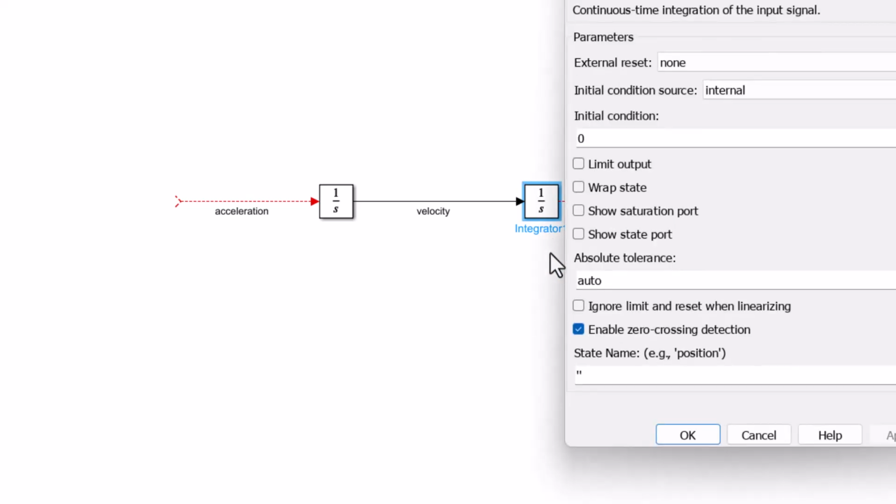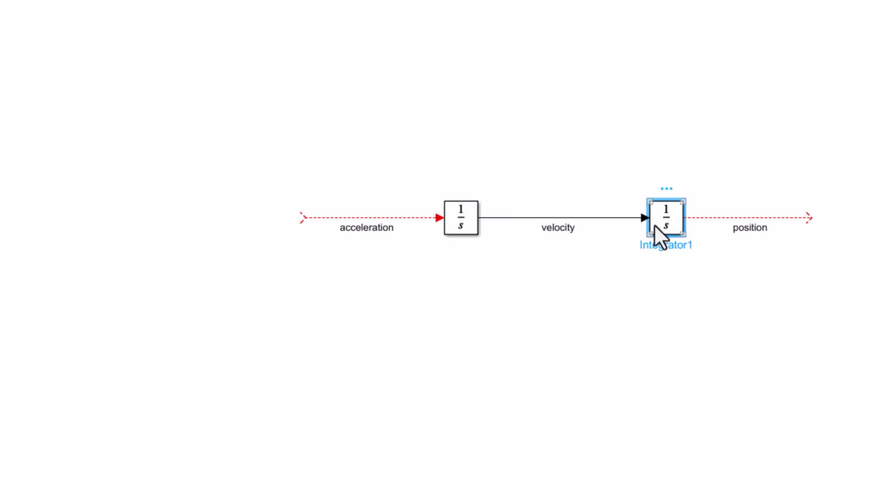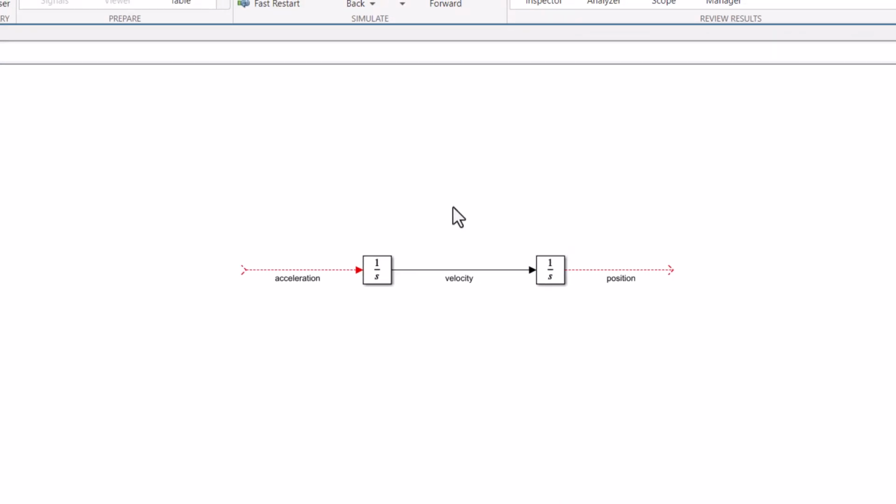If you have any initial condition, you can add it here, but my equation is having no initial conditions. They are 0, so I don't need to change anything. I have a separate video on how to solve differential equations using Simulink, so you may want to check that tutorial too. I add a scope command to see the solution of position, and also I can add a scope command for velocity.